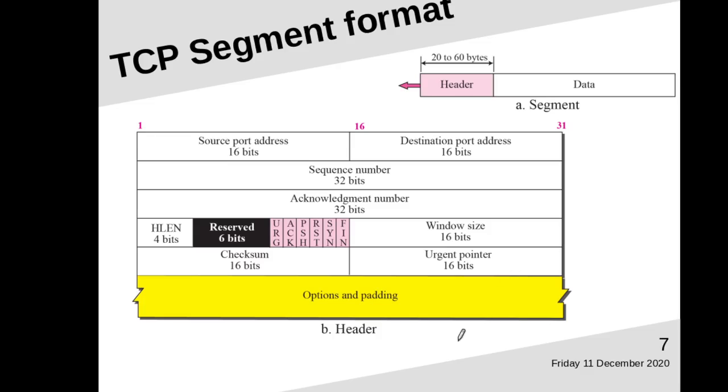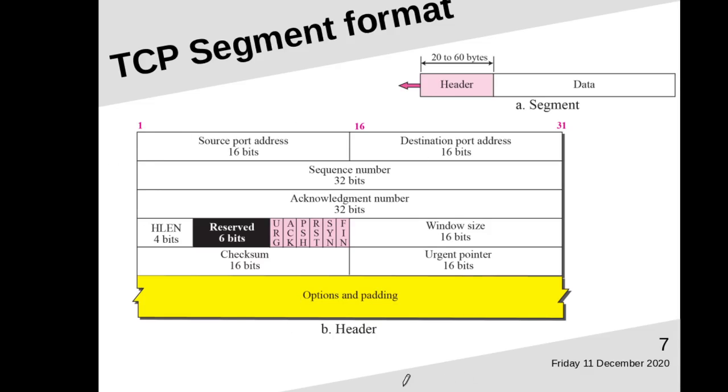Next thing is options and padding. Apart from these 20 bytes, 40 bytes can be used as options. If we want to send additional information, this option field can be used.